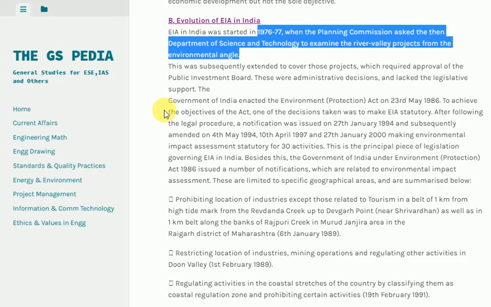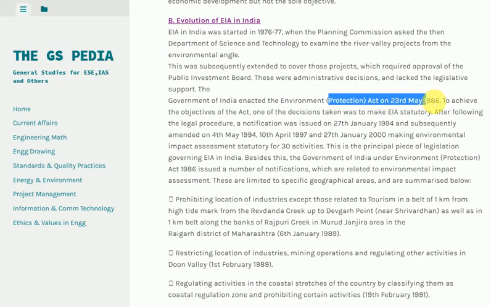The Government of India enacted the Environment Protection Act on the 23rd of May 1986. To achieve the objectives of the Act, one of the decisions taken was to make it statutory.